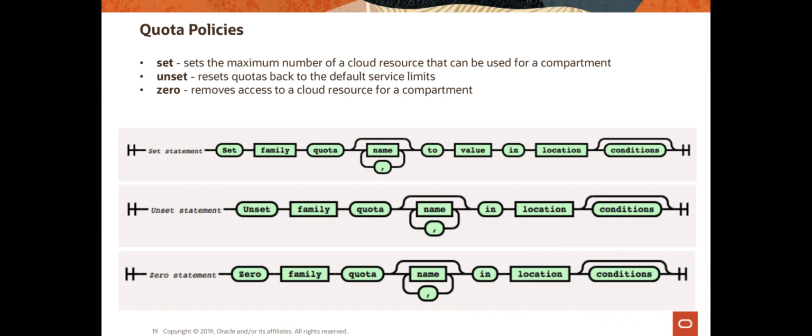This condition statement can be, for example, where request dot region is equal to us dash phoenix dash one. Currently, the conditions that can be used are request.region and request.ad, where it is available.